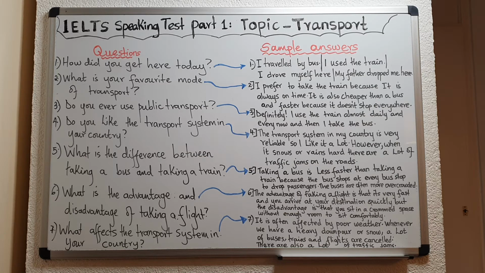Or you could say, my father dropped me here. So you have different options depending on how you got there. Did you use a bus, the train, or did you drive yourself there? Or did someone drop you there? Okay? So you have a couple of options there.